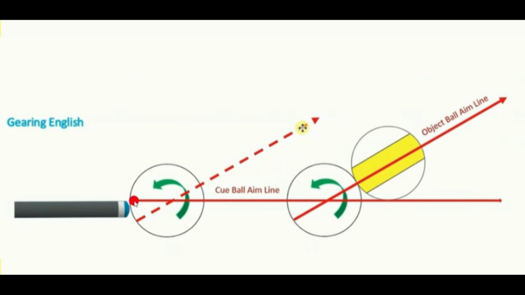If you are using a pivot style system for applying spin, this means that you're aiming the cue ball at the ghost ball and you're pivoting the tip in such a way that the cue ball exactly replaces the ghost ball at that distance and speed and spin. There is a thing called gearing English.